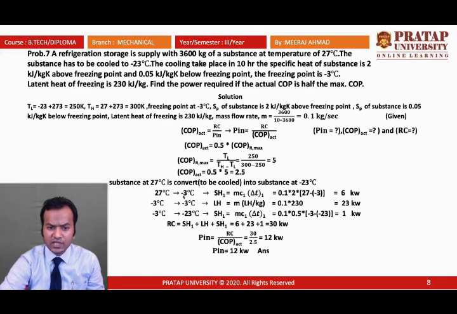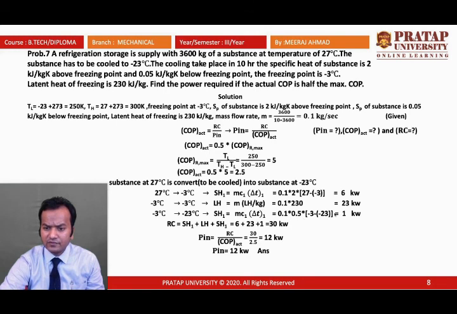When we use the above freezing point, you use the specific heat above freezing point. When we deal with below the freezing point, we have to use the specific heat below freezing point. This is given in the question itself.